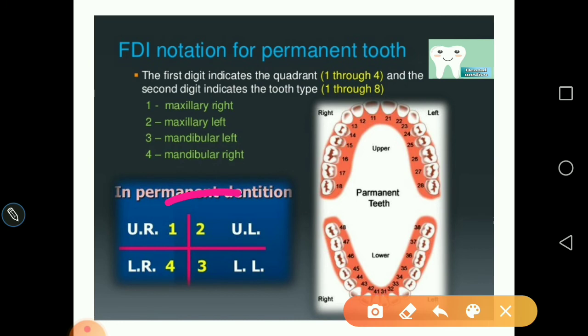It moves clockwise, 1, 2, 3, 4. So 1, 2, 3, 4 indicates the quadrant number, and 1 through 8 is for the tooth number.